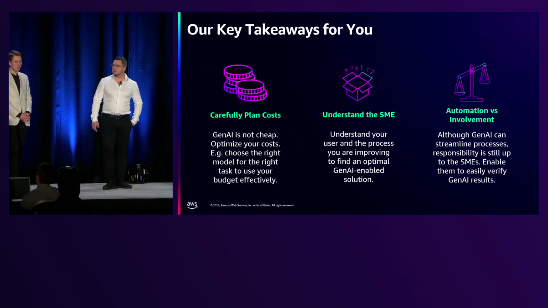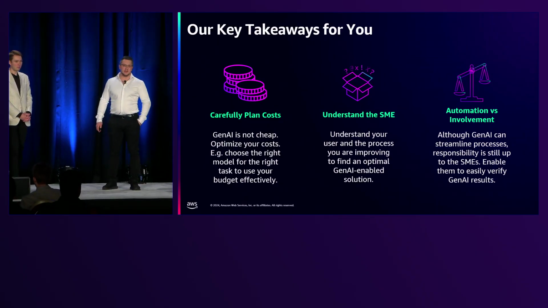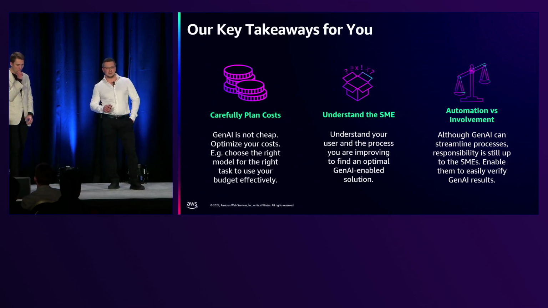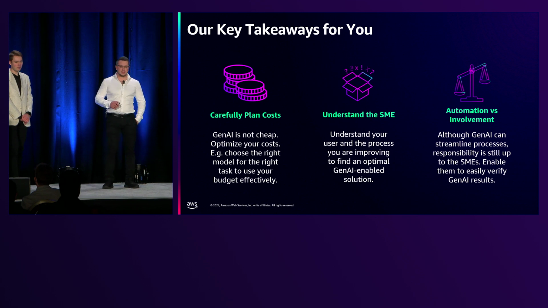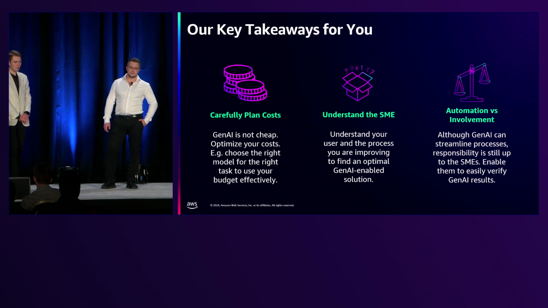The first one being pretty obvious, carefully planned cost. We all know Gen AI is not cheap. Try to find a matching model and a matching performance to make business sense here. The second one, and probably the most important for us, we need to understand the SME, in our case the technical planner, because their needs and their process is what we have to translate into our Gen AI solution.